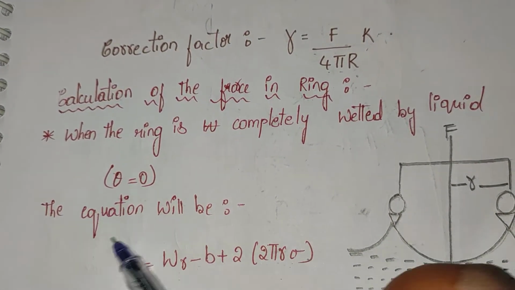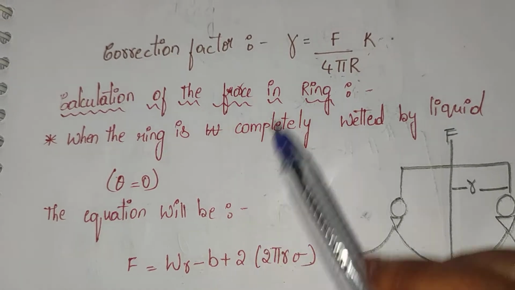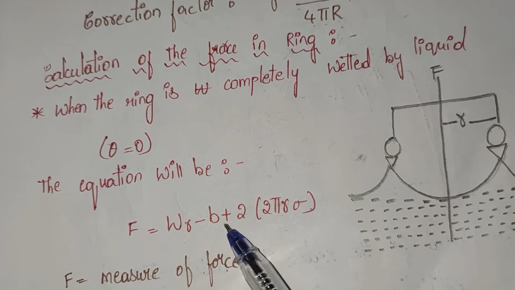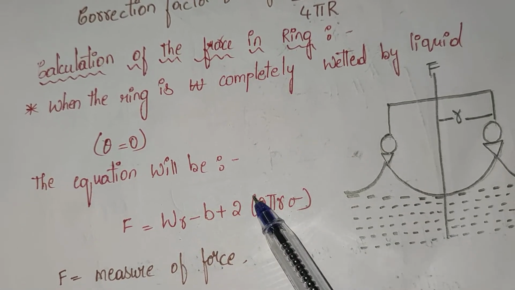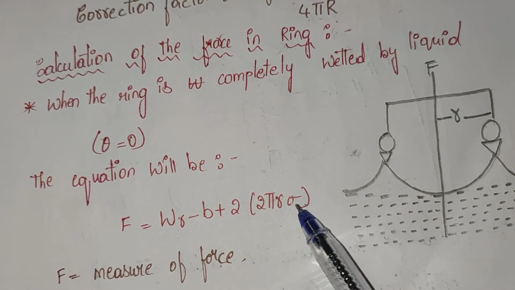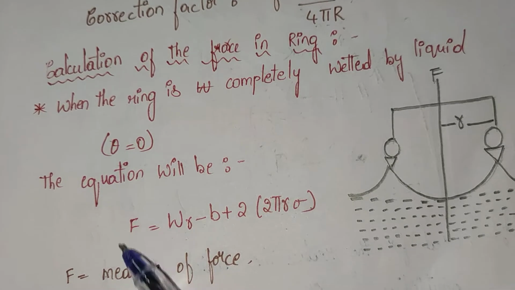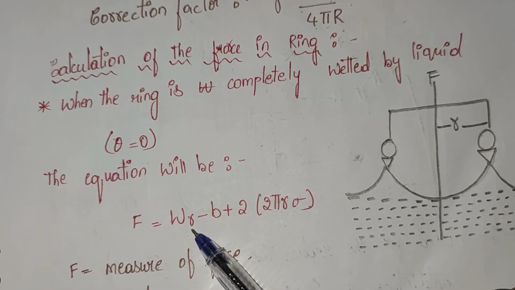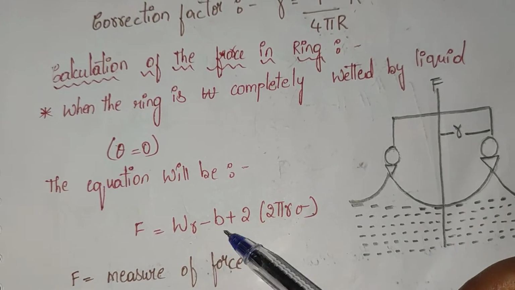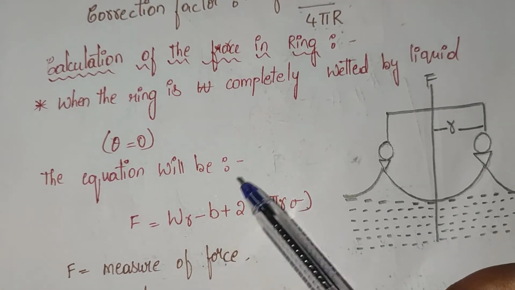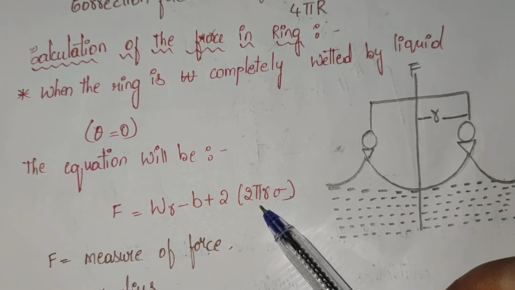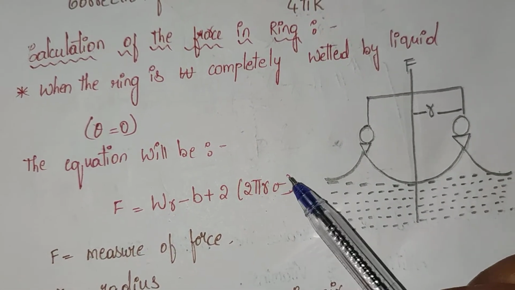So we have another formula, that is F is equal to W_R minus B plus 2 into 2 pi r sigma. Here F means force, W_R means weight of the ring, minus B means the buoyant force, pi means 22/7, and r means the radius.